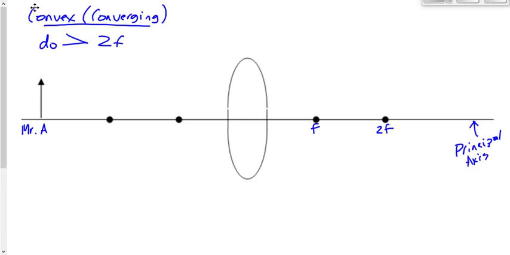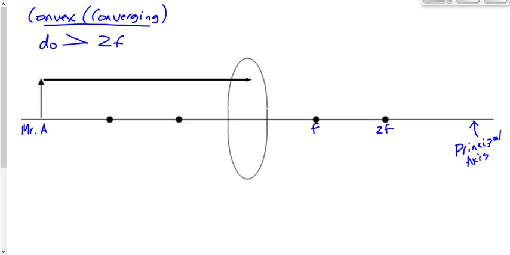Remember, we could draw a million of them, and we could do some calculations for all of them and figure out where the rays went, but these two are very predictable without the need to do our Snell's law calculations. So that's what we're going to do. First ray of light is going to reflect off of Mr. Aiello's head. Why do we pick Mr. Aiello?